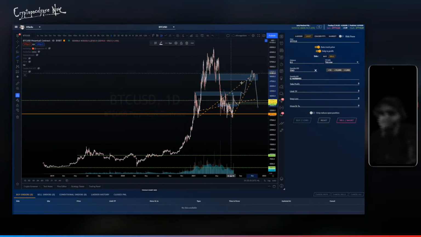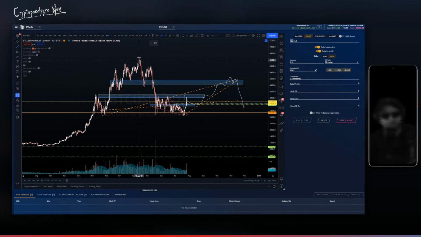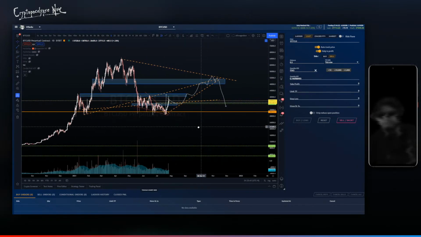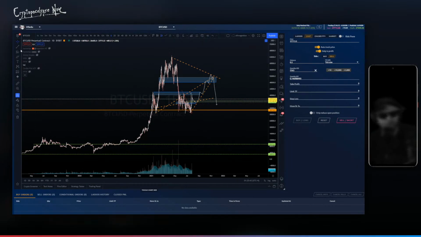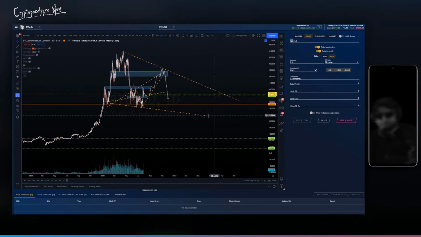Then people will look back and say double top. Then we'll do this. And we will collectively realize that we're setting up a multi-year bullish pattern.